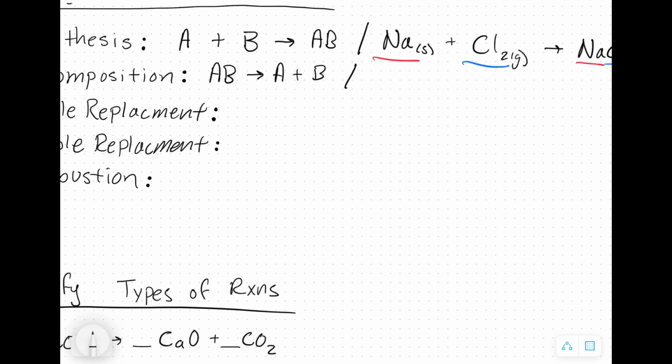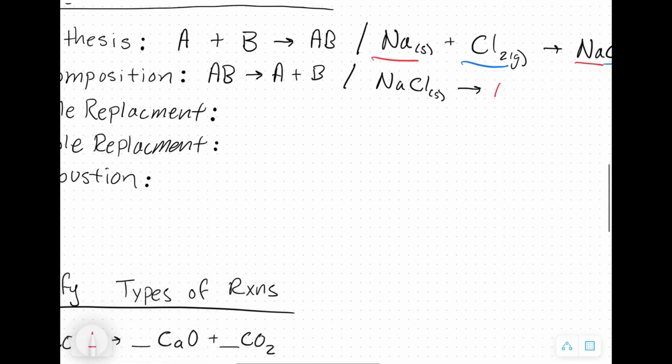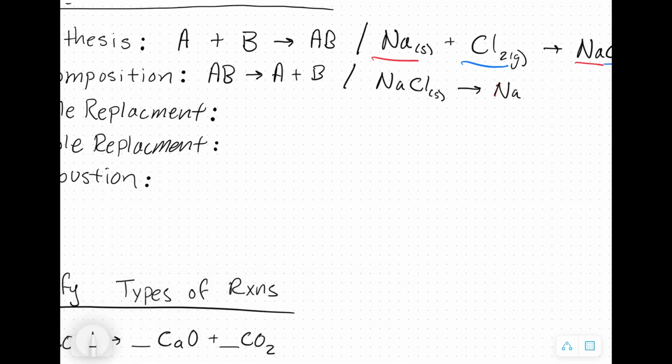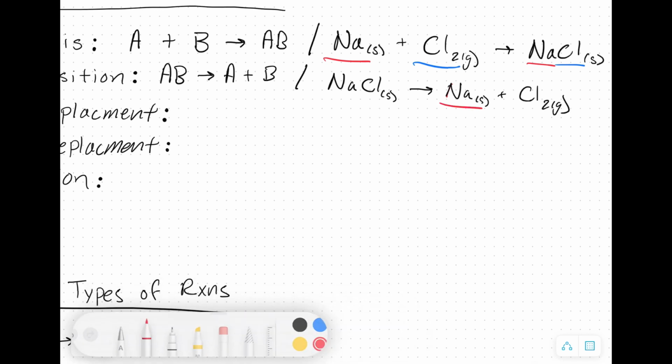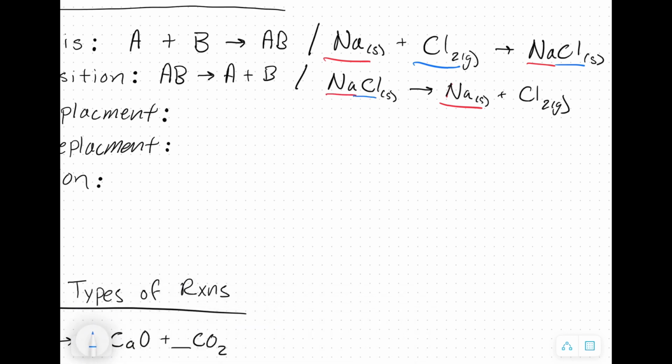So let's say I have the same thing, NaCl, and that's going to break down back into our sodium, our Na solid, and our chlorine gas. So again, we started with one thing, and then that one thing turned into 2 things.